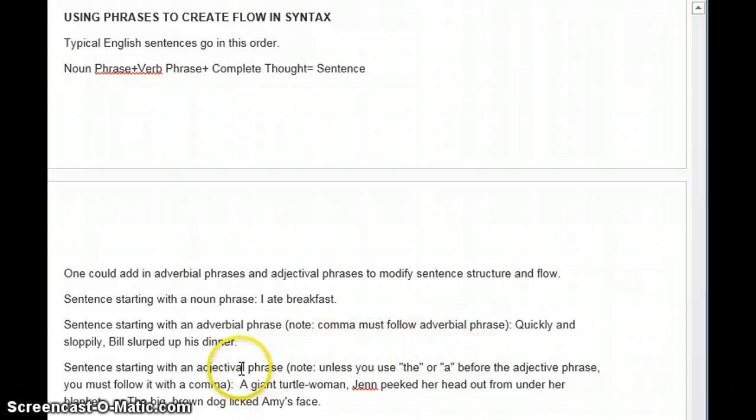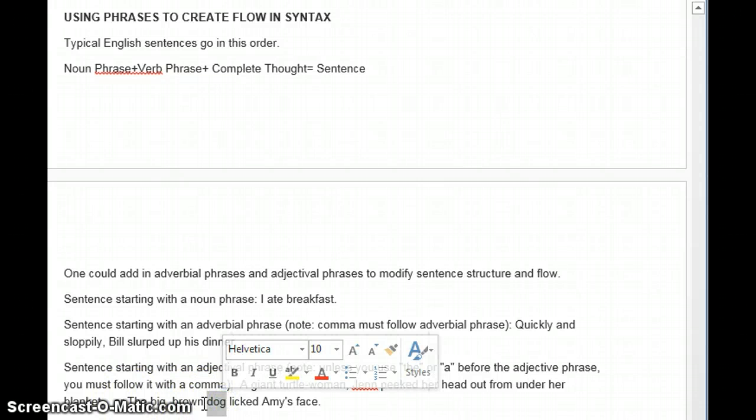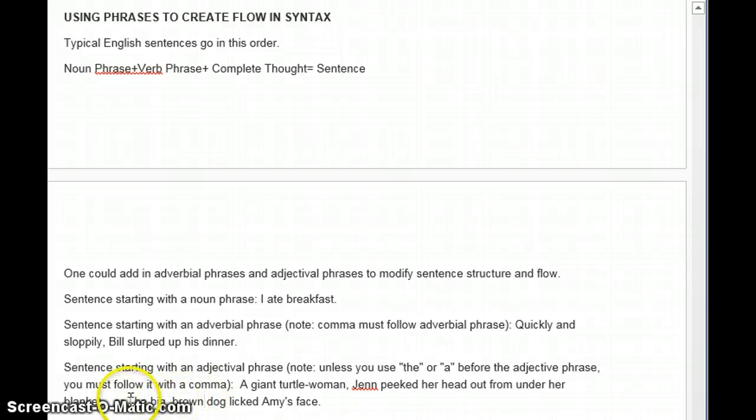We can do some things like, for example, a giant turtle woman, Jen, peeked her head out from under the blanket. Or in this case, we could do this one, the big brown dog licked Amy's face. Now we've got an adjective phrase right here, but we don't need a comma to set it off from dog because of the fact that we have the before it.